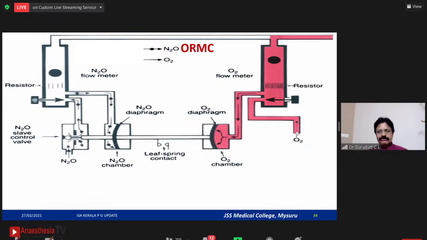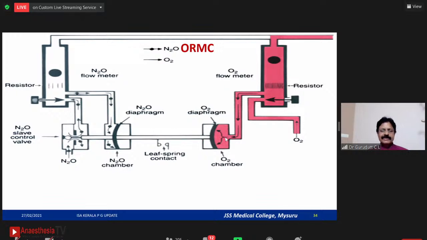Now, once we open oxygen flow into the flow meter, because of the resistor, there is a backflow of oxygen into another chamber, the oxygen chamber. The back pressure pushes the diaphragm inside the oxygen chamber. This diaphragm is connected to a shaft, and this shaft enters a nitrous oxide chamber containing another diaphragm.